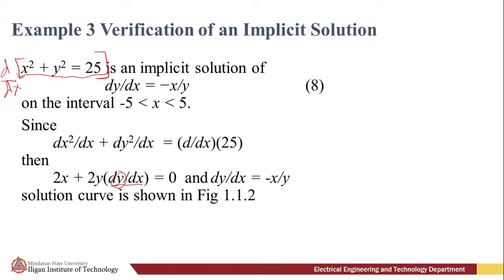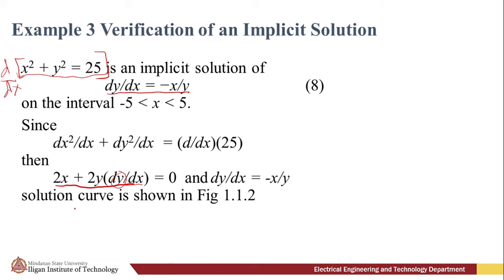So we substitute the given differential equation, dy over dx equals negative x over y, back into this equation. If the left-hand side equates with the right-hand side, then this function x squared plus y squared equals 25 is an implicit solution for this differential equation.